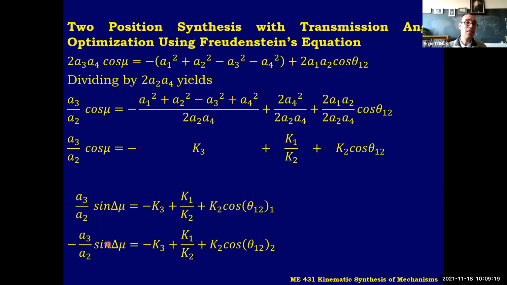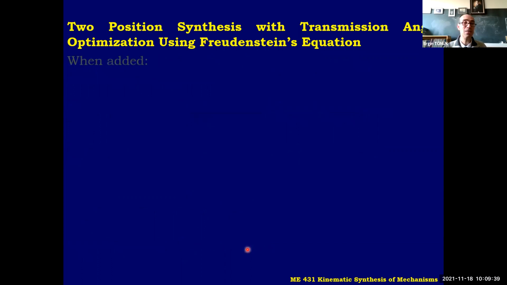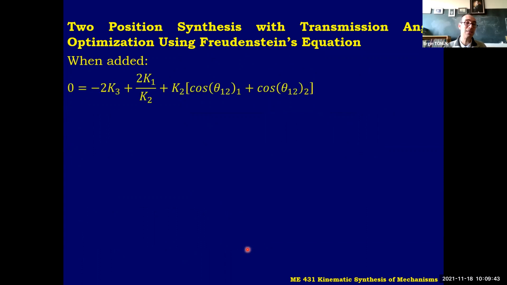And if I add these two equations, I'll eliminate these two. The left-hand side would be 0, and I'll have twice this, and this times this plus that, which is this, when the two equations are added.